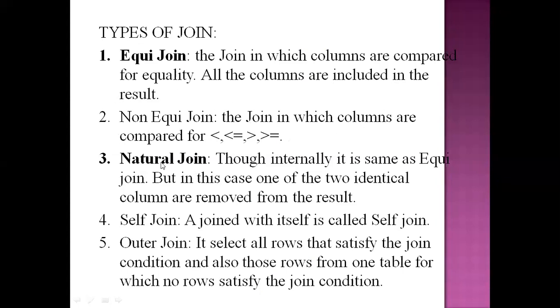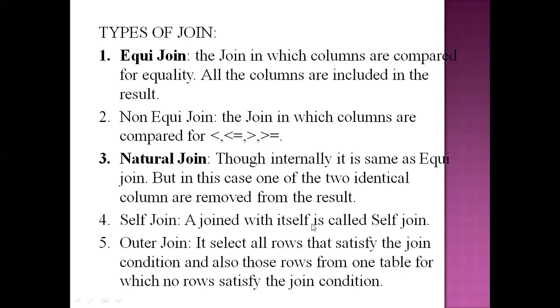And another is the natural join. Internally it is the same as an equijoin, just like an equijoin. But in this case, one of the two identical columns is removed from the result. And another is the self join.